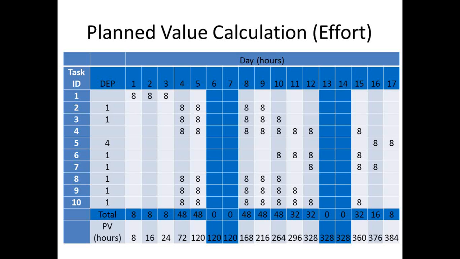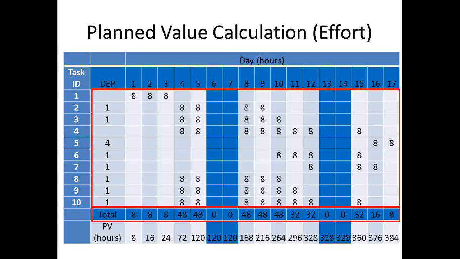The predecessor for activity 2 is number 1, and the predecessor for activity 3 is number 1, 2. And so on. You can see that all the activities can begin right after activity 1 is finished, but task number 5 cannot begin until after task number 4 has finished. What's happening down there is the totals for all the different activities, and that's the cumulative hours for each and every activity.